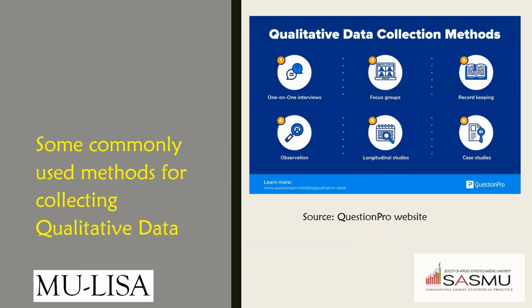Now, there are around 6 methods which are commonly used to collect qualitative data, and you can see them on screen. We have one-on-one interviews, observations, focus groups, longitudinal studies, record keeping, and case studies.